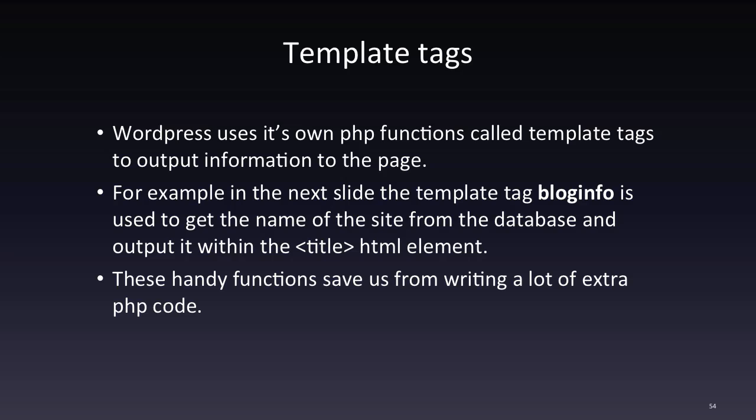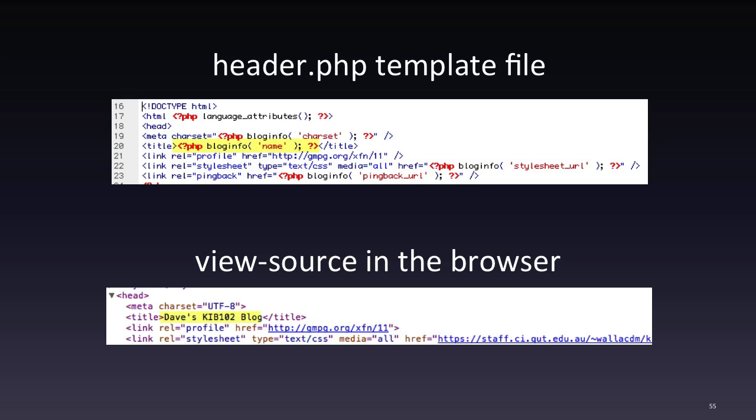And so I've got a note here. I already just said this about the template tag blog info, so this is very similar to the previous slide, but just to reiterate, shown here are the PHP and the resulting HTML output, the highlighted lines.